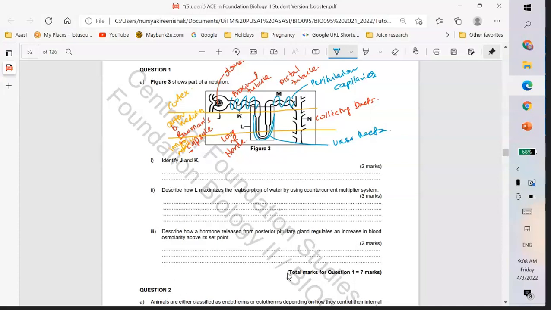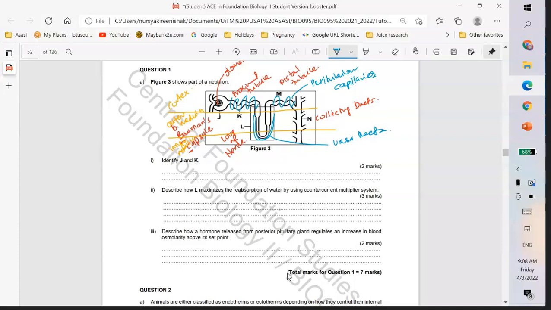It is the filtrate in the descending and ascending limb of loop of Henle, and then also the blood in the vasa recta. Okay, so blood and the filtrate will flow in the opposite direction, and it involves the exchange of water and also sodium chloride. Okay, so that is the first term, counter-current.